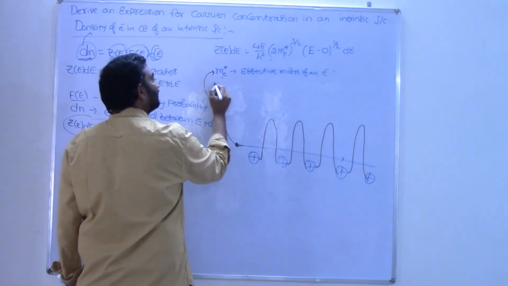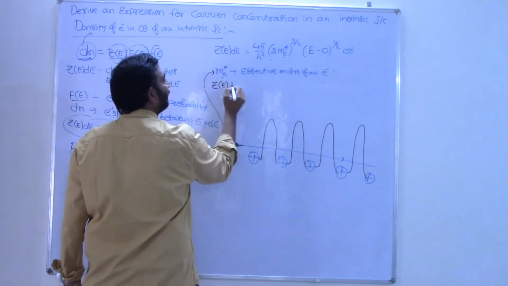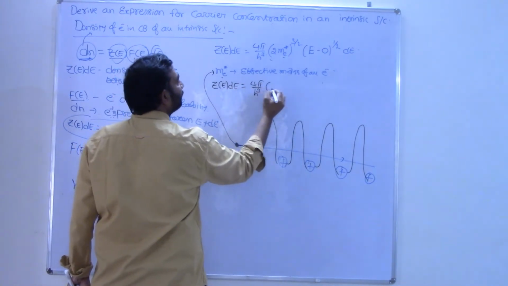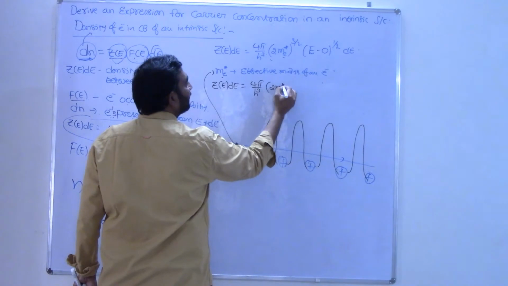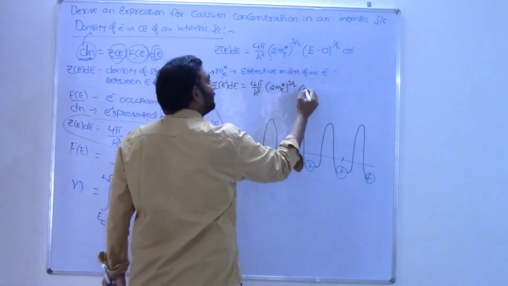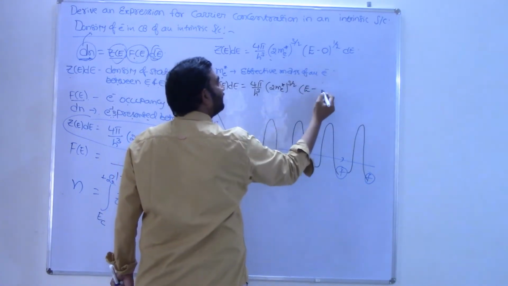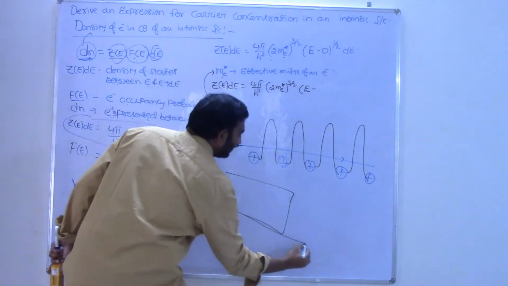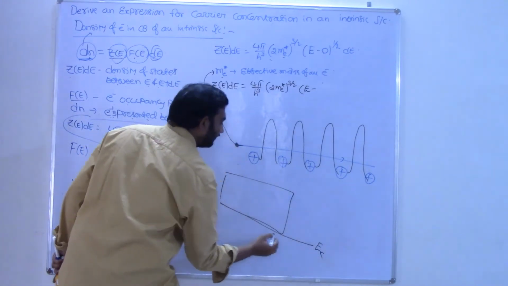So the above equation becomes Z(E) into dE equal to 4 pi by h cube into 2 me star whole to the power of 3 by 2 into, E minus once again 0. In the conduction band, as you have already seen, the least energy level is EC, not 0.